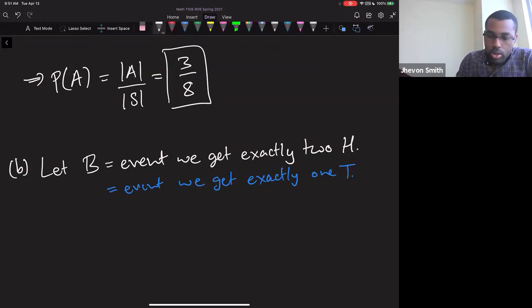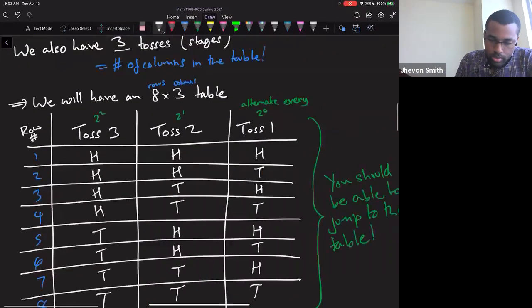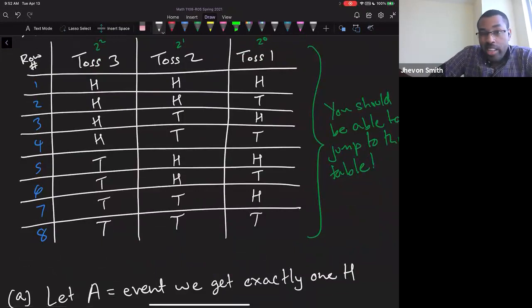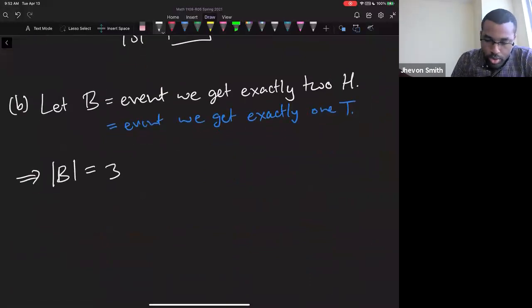Either way, you would go to the table and you would count how many ways this can occur. So the size of B is, how many ways can you get exactly 1 T? Well, that happens in row 2, row 3, and row 5. This happens 3 ways.